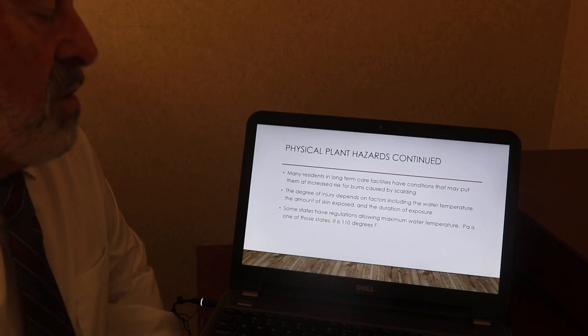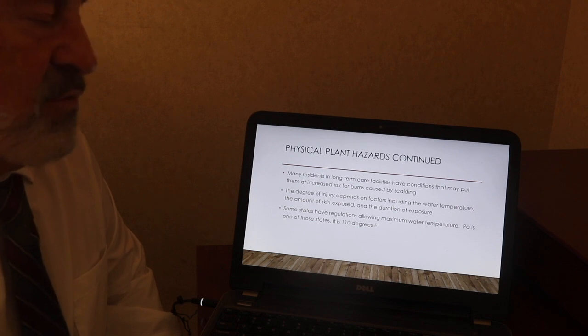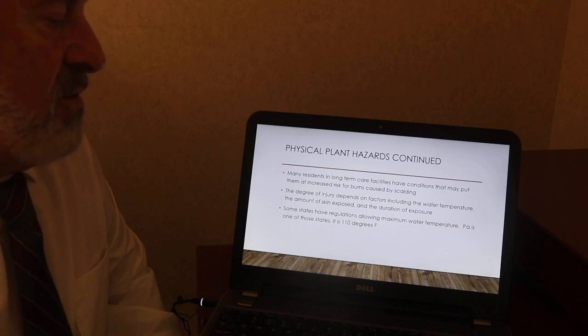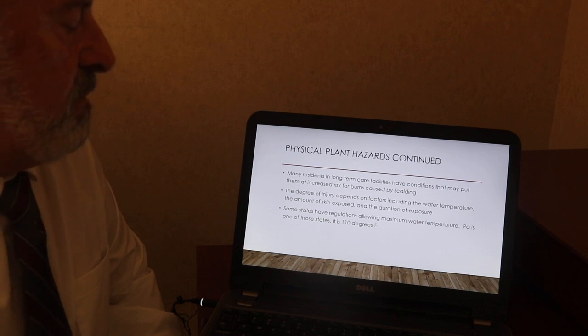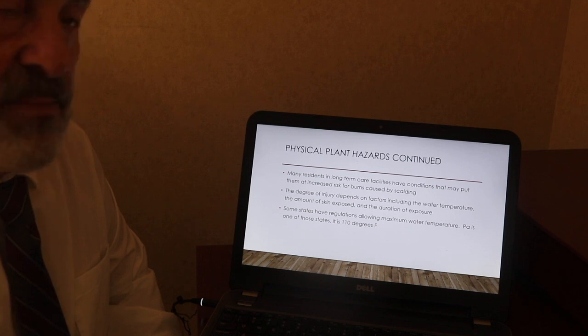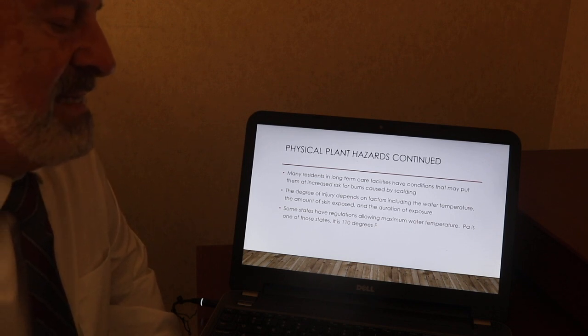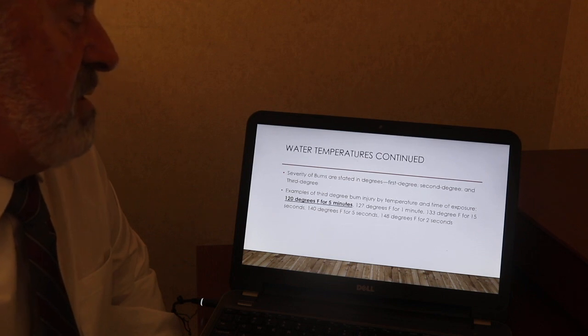Many residents in long-term care facilities have conditions that may put them at increased risk for burns caused by scalding. The degree of injury depends on factors including the water temperature, the amount of skin exposed, and the duration of the exposure. Some states have regulations allowing maximum water temperatures. In the state of Pennsylvania, that is 110 degrees Fahrenheit.